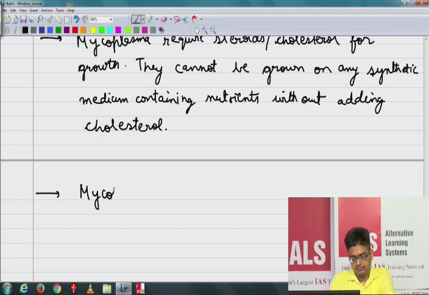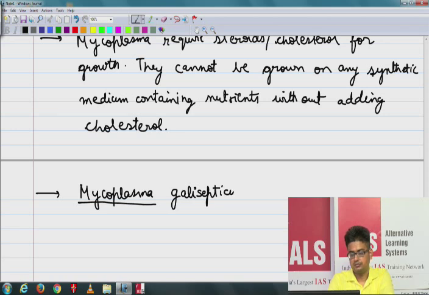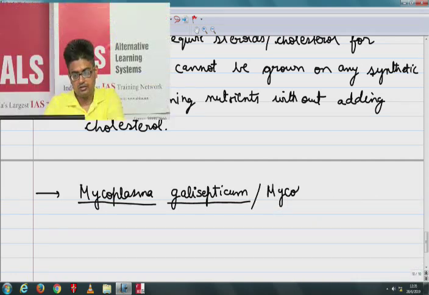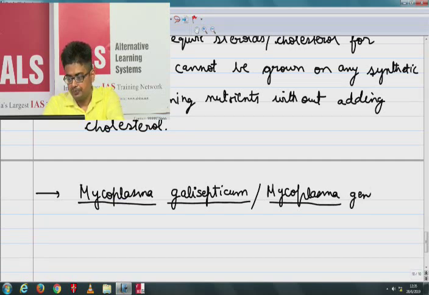Mycoplasma gallisepticum, or the alternative name of this mycoplasma, is Mycoplasma genitalium.